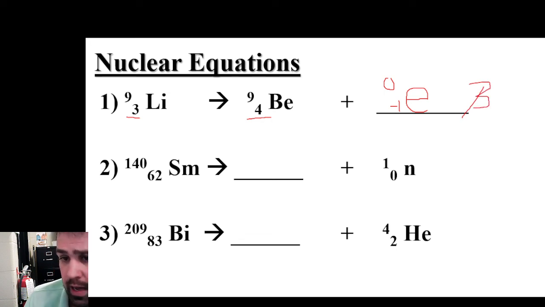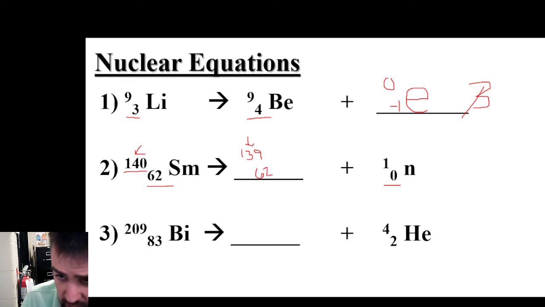So this is going to be a type of beta decay. Okay. The next one, I have 140 and 62. Well, 140 has to be something plus 1, which is 139. So 139 plus 1 gives me that 140. And then I have 62. Well, this is 0. That means this has to be 62.